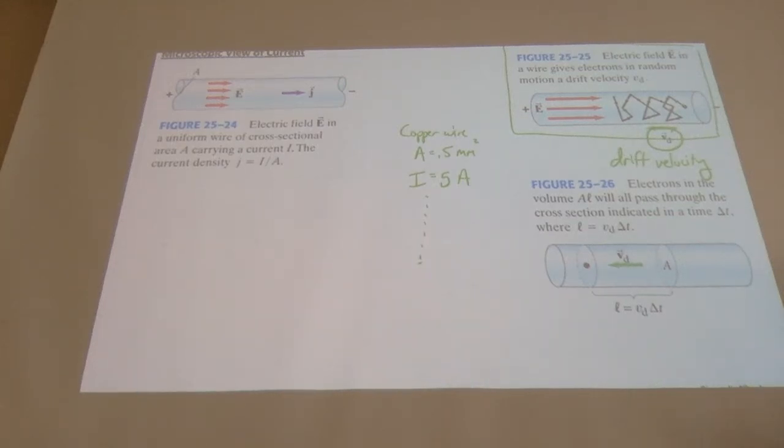I can just tell you that the drift velocity in this particular case is 0.00735 meters per second. That's 0.735 millimeters every second. 3/4 of a millimeter every second.